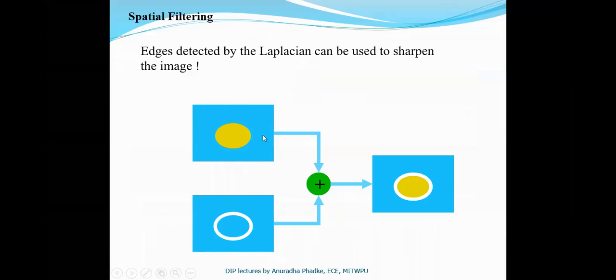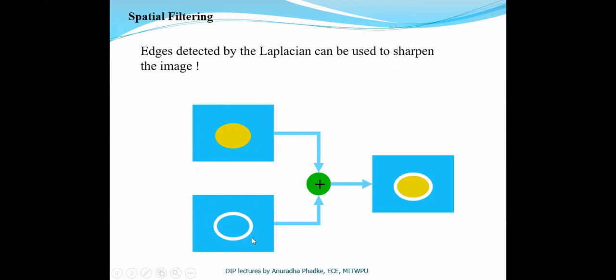For constant areas, like here inside the ellipse where a yellow gray value is present, and outside the ellipse where this blue value is present, we will get 0 output for those regions. Here we are assuming the minimum gray value is represented by this blue color. So when we apply a Laplacian mask, it basically detects edges or fine details in the image, and we will get a result as shown here.